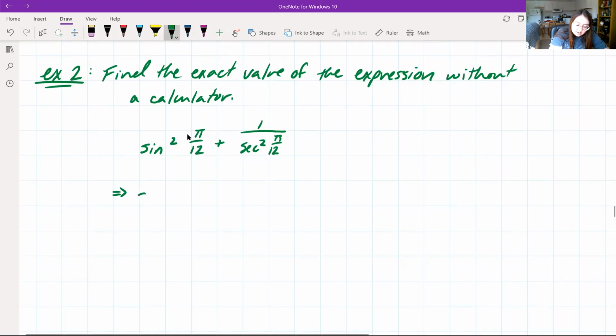Since we already have sine squared pi over 12, we're just going to leave that. But we know that secant squared of pi over 12 is the same thing as saying 1 divided by cosine squared of pi over 12.